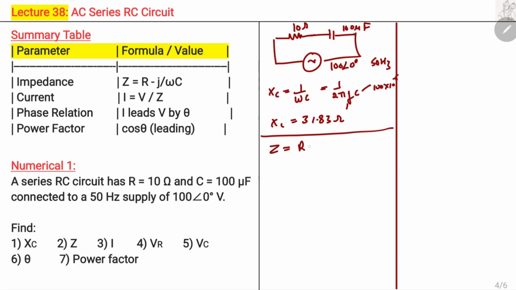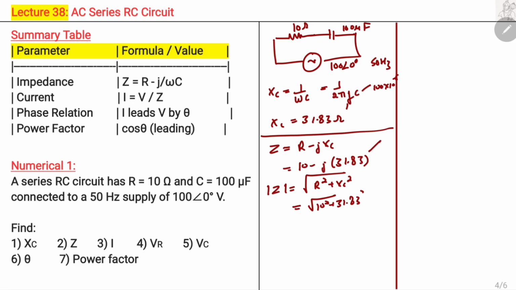Now using this we can find out the next part, that is Z. Z is simply equal to R minus j of XC. So that comes out to be 10 minus j of 31.83. This is the rectangular form. In order to convert to polar form, we first find the magnitude, which is simply the square root of R square plus XC square, the square root of 10 square plus 31.83 square, which is 33.36 ohms.